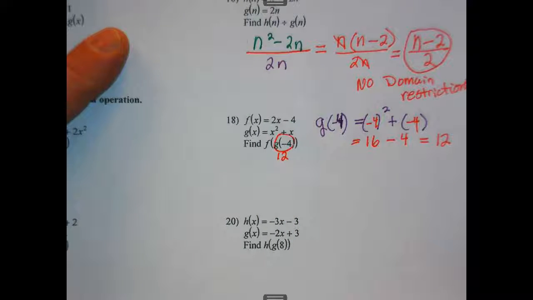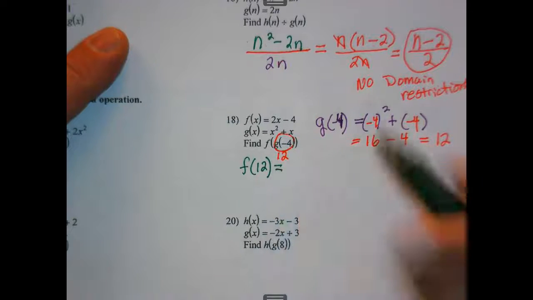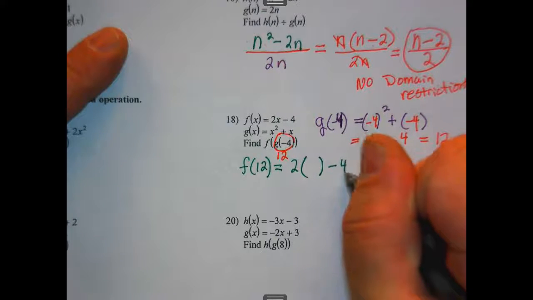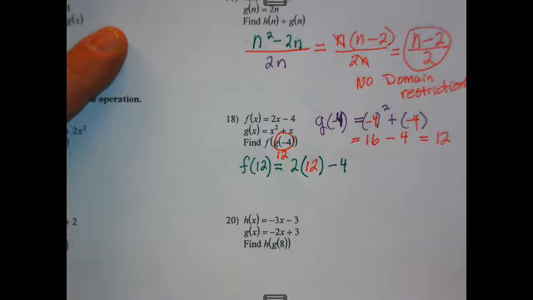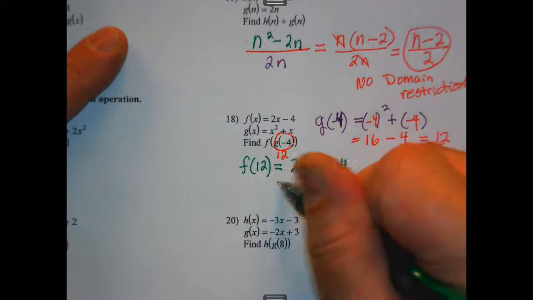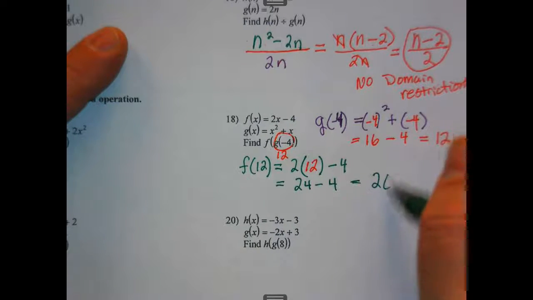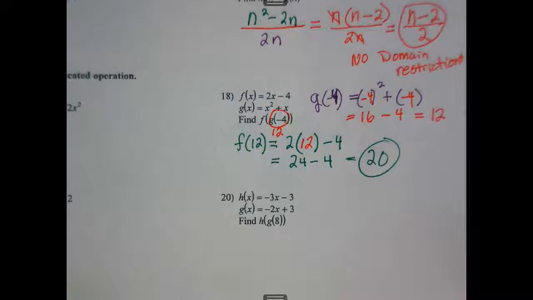So I end up with the f of 12. Okay, so I have 2x times x minus 4, and I have to substitute in 12 for x. So I get 24 minus 4, which equals 20. So this composite function, the f of g of negative 4, equals 20. Got it? Wonderful.